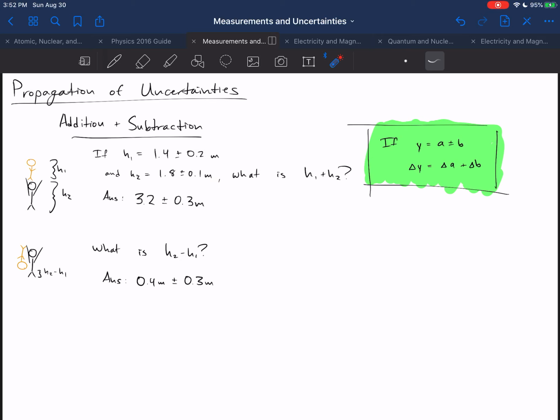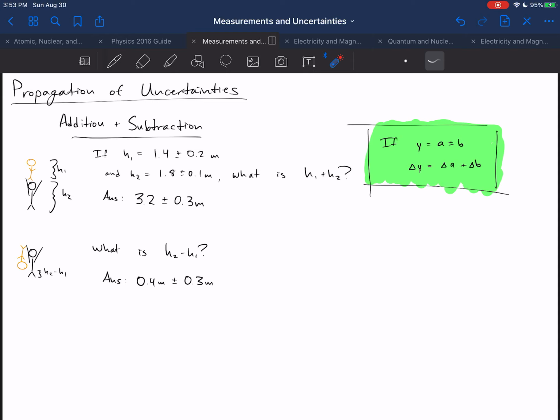In other words, h1 could have been off by 0.2 meters, h2 could have been off by 0.1 meters, and so your final measurement will need to include the uncertainties on both input measurements. The way you figure out that uncertainty is you simply add the absolute uncertainties: 0.2 plus 0.1 equals 0.3 meters.